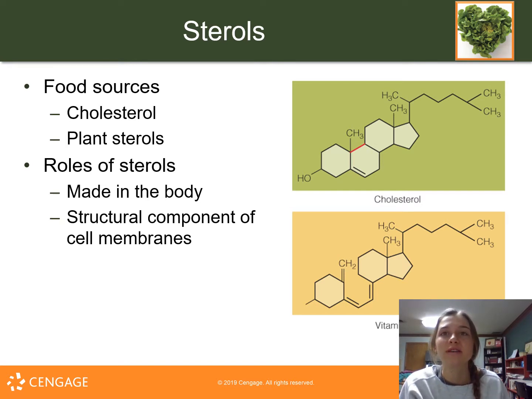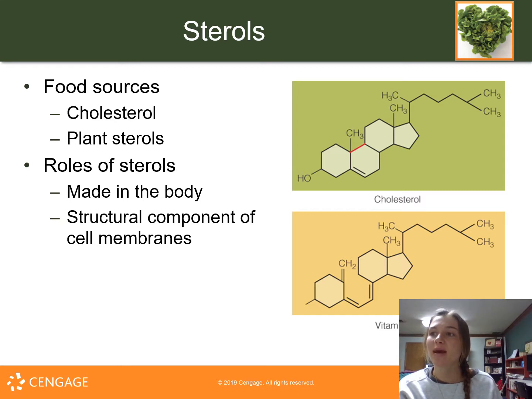With food sources being animal products with cholesterol and the plant sterols existing, sterols are very active with the diet and in the body as well. They are made by the body as sex hormones like estrogen, androgen, and testosterone. They're made for bile acids, also adrenal hormones, cortisol, cortisone, and vitamin D, as we said before.